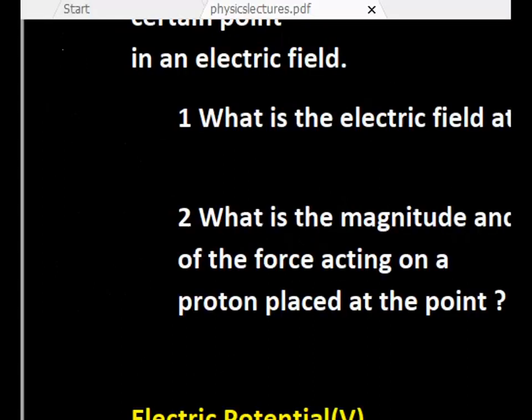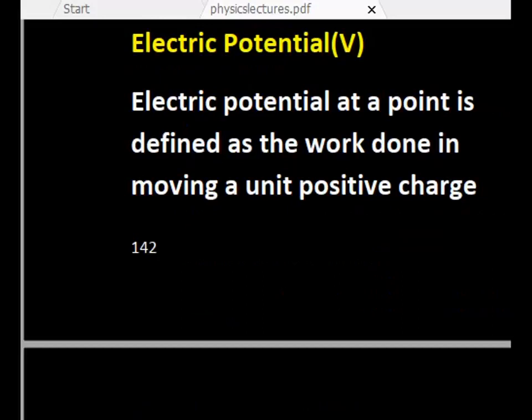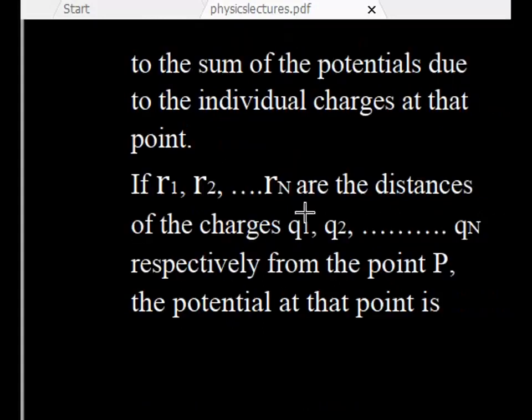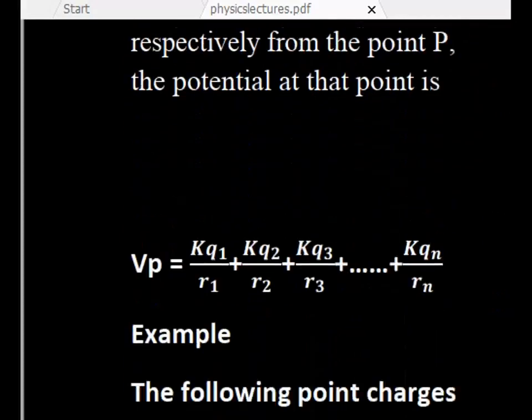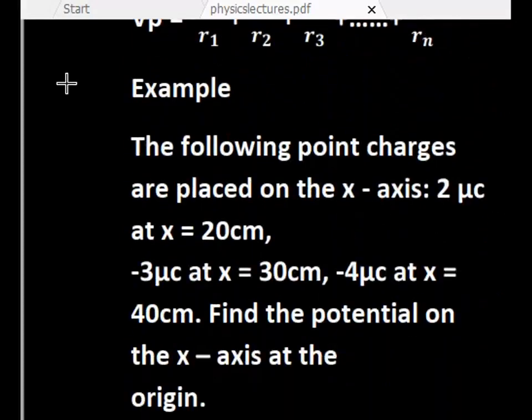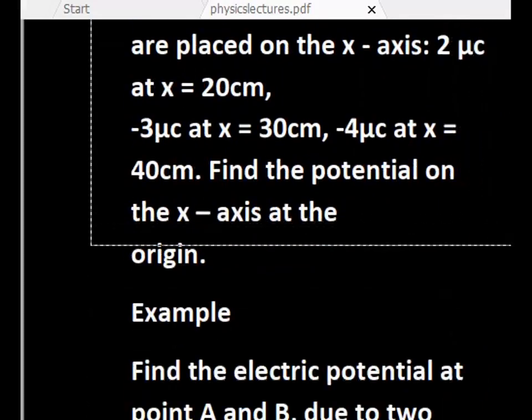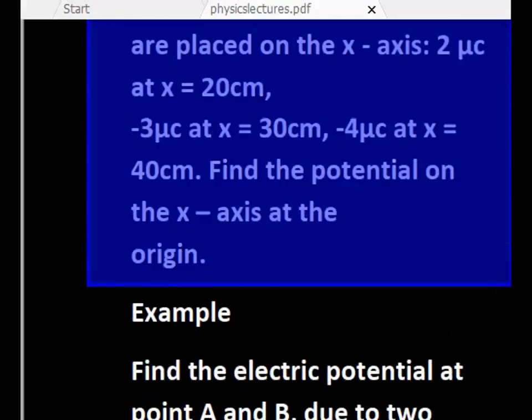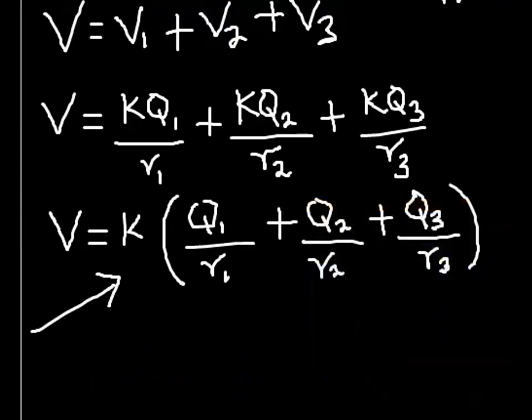Let's see if there's an example question that we ought to apply. Depending on the number of charges, you can just apply that. I have an example here, and let's do justice to this.